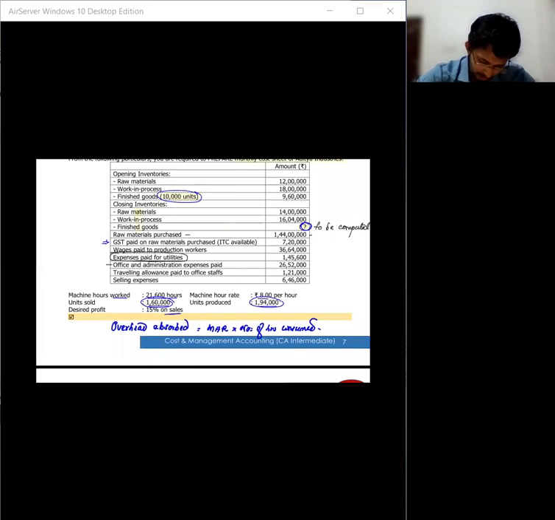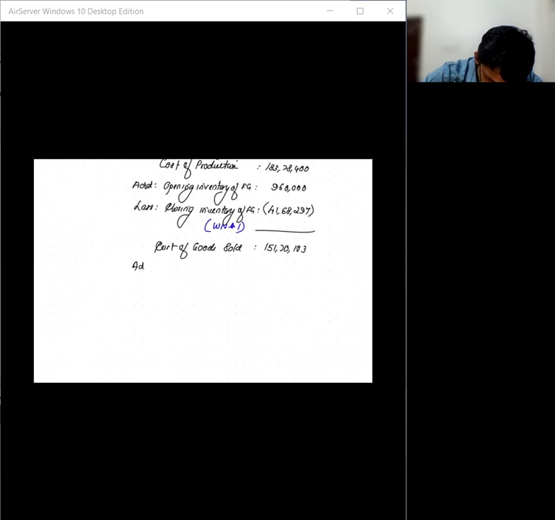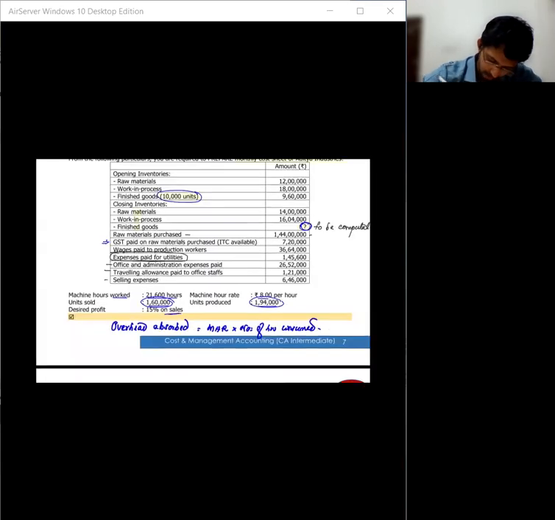With this, you have to add the office and administration expenses, traveling allowances paid to the office staff, as well as the selling expense. All these three things have to be added. So add administrative and selling overheads. First, office and administration expense: the amount is 26,52,000.